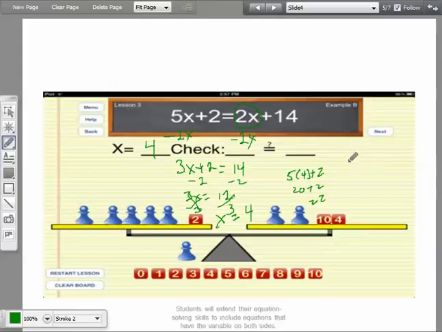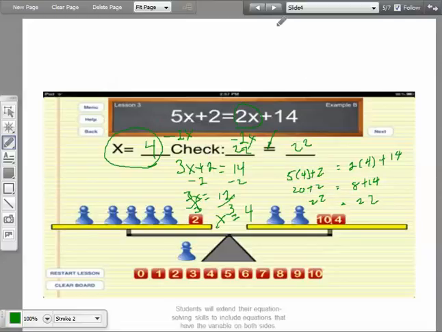And over here, 2 times 4 plus 14, that's 8 plus 14, that's 22. I got 22 is equal to 22. That's correct. That checks. And so my answer would be x equals 4. And I checked it by saying 22 is equal to 22.